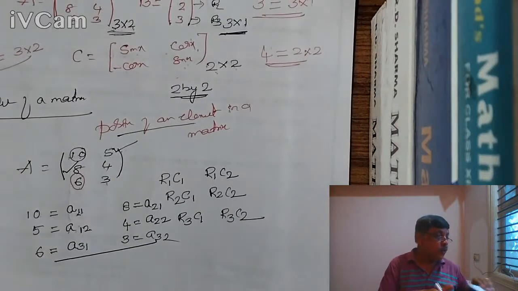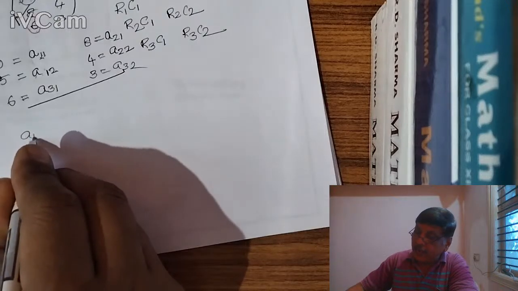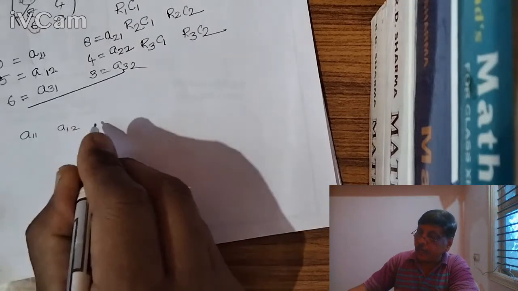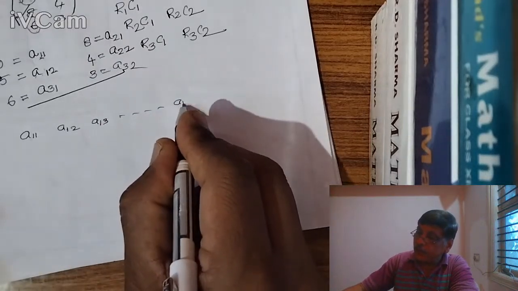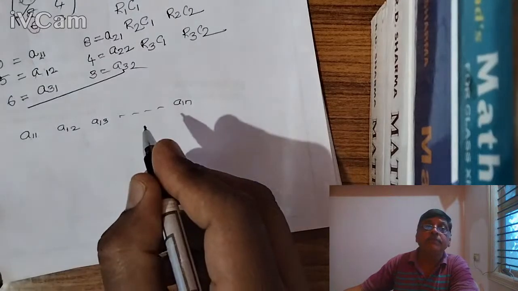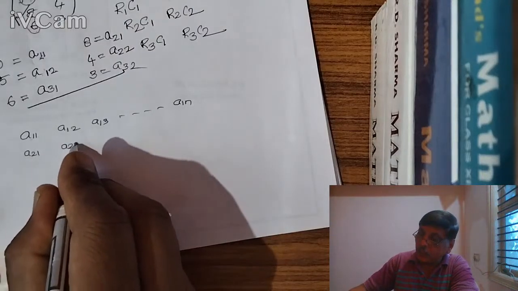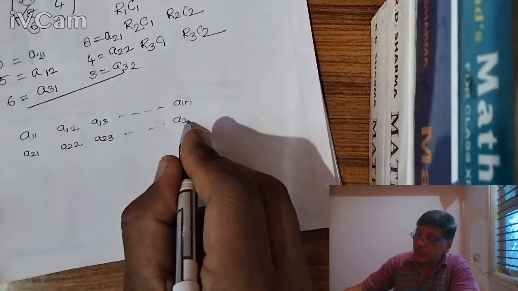After that, we move to one important concept: how we generally write a matrix. Generally the matrix is written like this: A11 means first row, first column; first row, second column; first row, third column, and so on; first row, nth column. Next, second row, first column; second row, second column; second row, third column, and so on; second row, nth column.